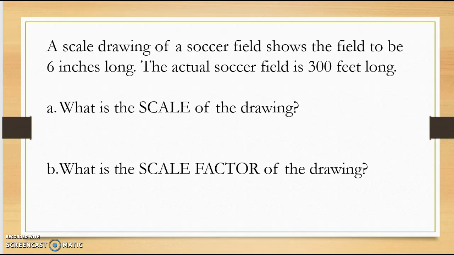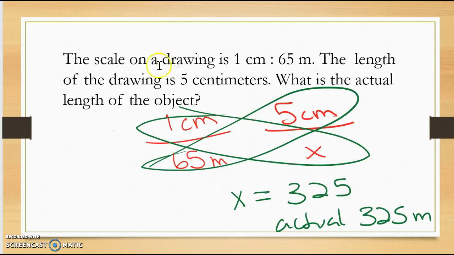Then our last one says the scale drawing of a soccer field shows the field to be 6 inches long. The actual field is 300 feet long. So remember that our formula for finding the scale of a drawing is model over actual. So you have 6 inches over 300 feet. And we need to find a scale of the drawing. So if you look back here, this is our scale.